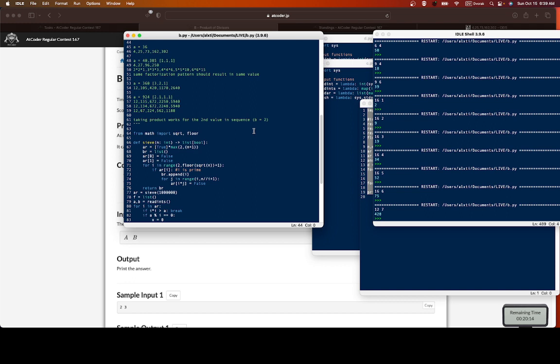I mean, based on what we got, it's the number of factors.